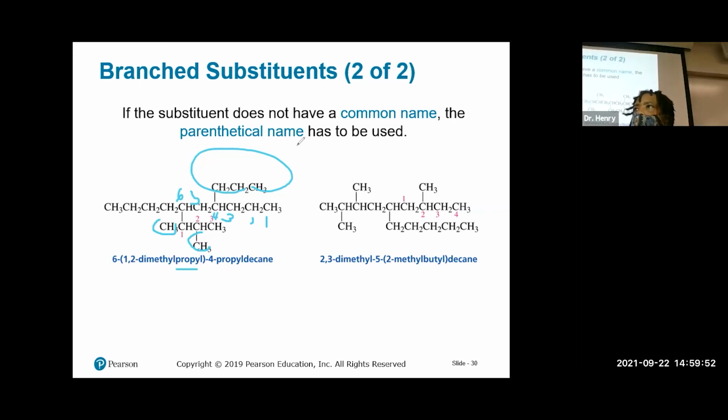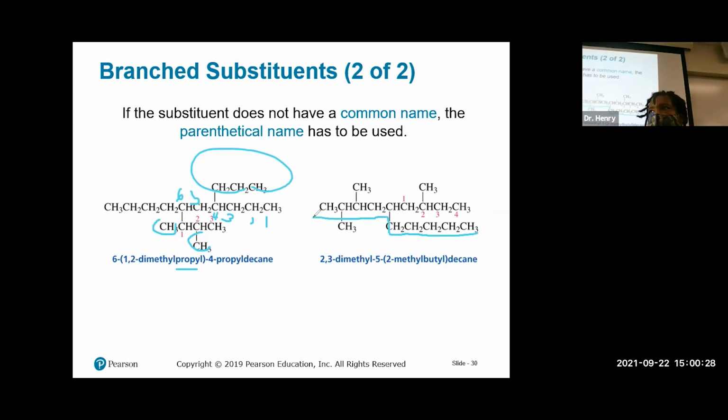Okay, so this guy here, we want to do the counting, longest chain possible. 1, 2, 3, 4, 5, 6, 7, 8, 9, or 1, 2, 3, 4, 5, 6, 7, 8, 9, 10. Longest chain, right? You guys see it?